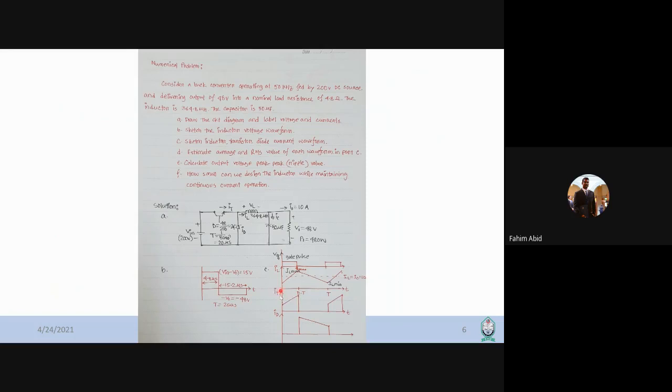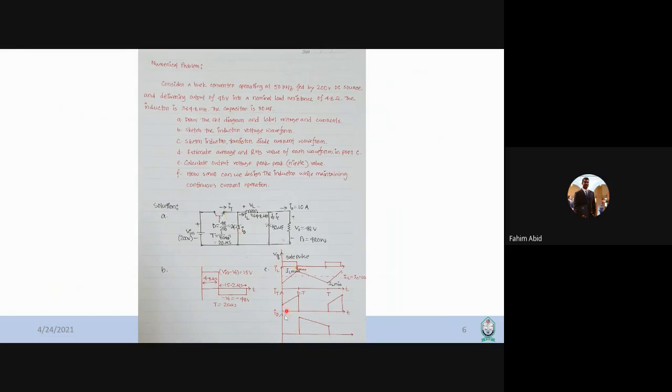Your transistor current IT should be the same as the inductor current only when your gate pulse is on. At that time IT is the same as IL, and when it is off, IT is 0. And ID is basically the opposite of IT, because the diode current is 0 when the transistor is on.